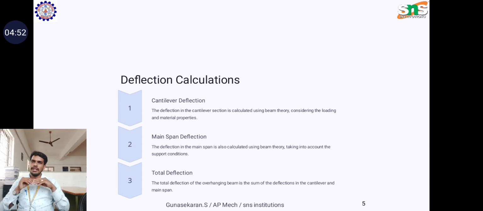The deflection can be calculated using formulas derived from beam theory, such as the Euler-Bernoulli beam equations, which relate the bending moment along the beam to its deflection. The beam deflection depends on factors like the type and position of the loading, the beam length and material properties such as the Young's modulus and its bending moments.